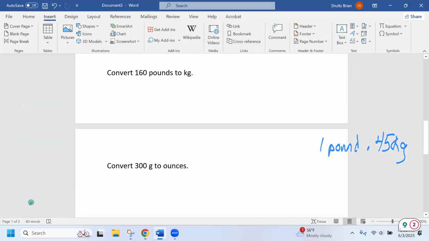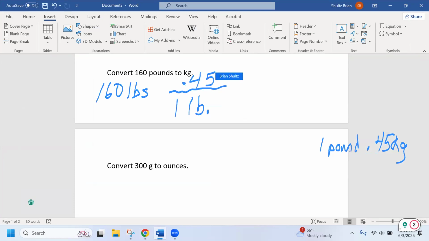I want 160 pounds to kilograms. LBS is the abbreviation for pounds. I've got a conversion to change pounds to kilograms: 1 pound is 0.45 kg.